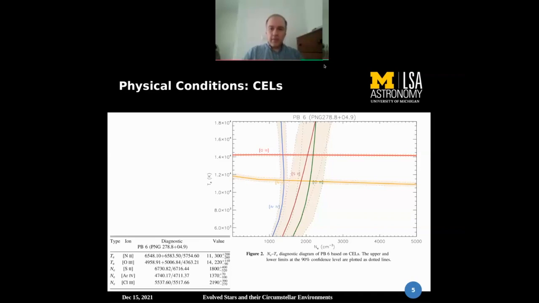Using a self-consistent method and an approach which includes an iterative way, I constrained the physical conditions, density and temperatures.